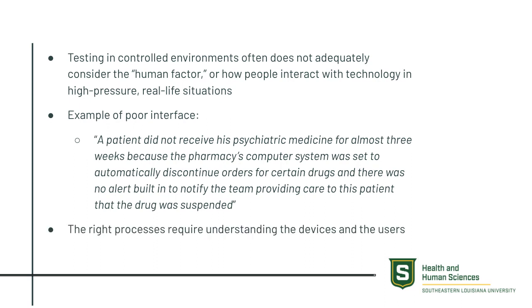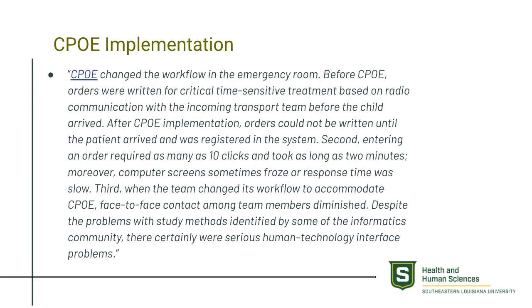When it comes to the design and implementation of a human technology interface, the right processes have to take into account an understanding of the device itself, as well as an understanding of the users, both the primary users and sometimes the unforeseen secondary users that come up. All of these things have to be accounted for.